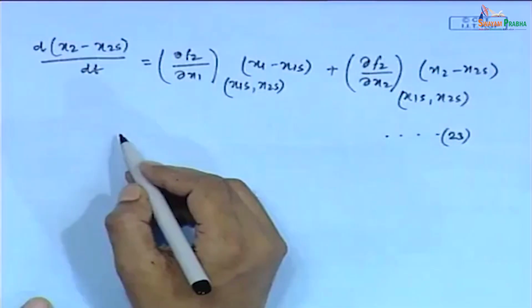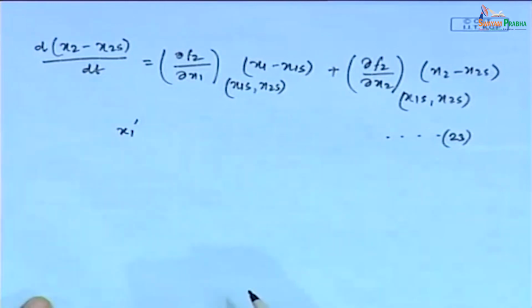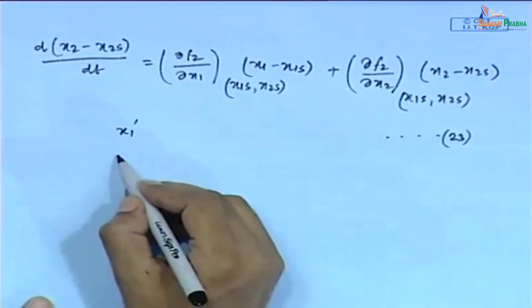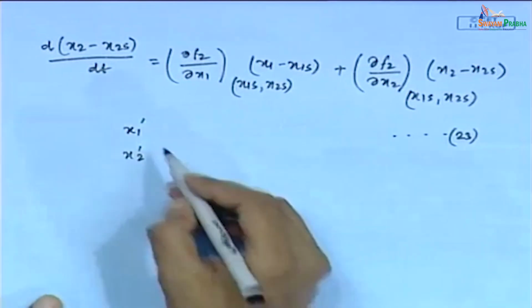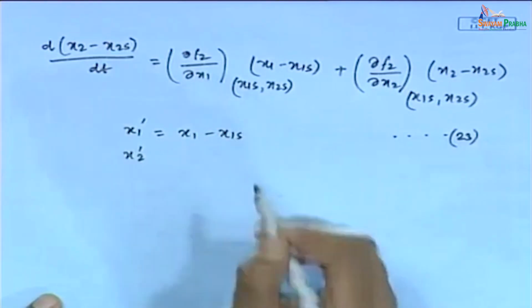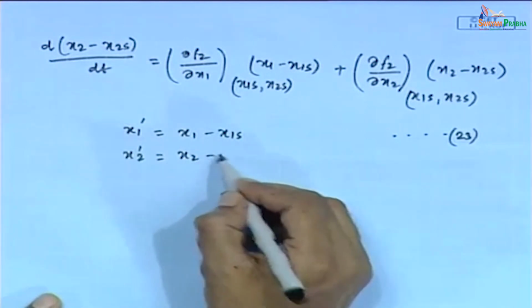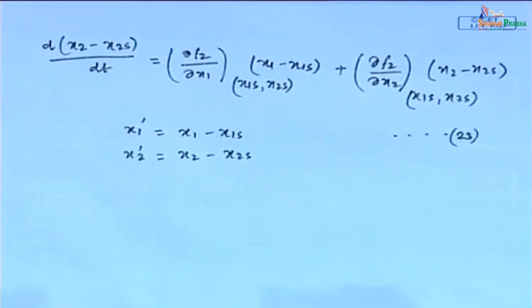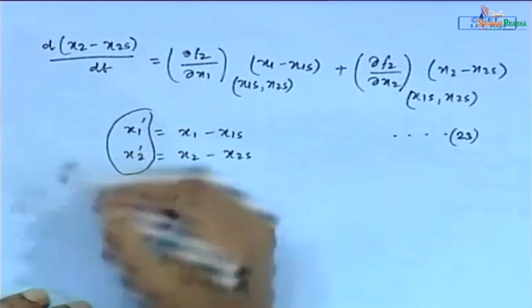Fine. Now, we assume the deviation variables: one is x1 prime, another deviation variable we assume x2 prime. What is x1 prime? x1 minus x1s. Similarly, x2 prime is x2 minus x2s. These are two deviation variables.